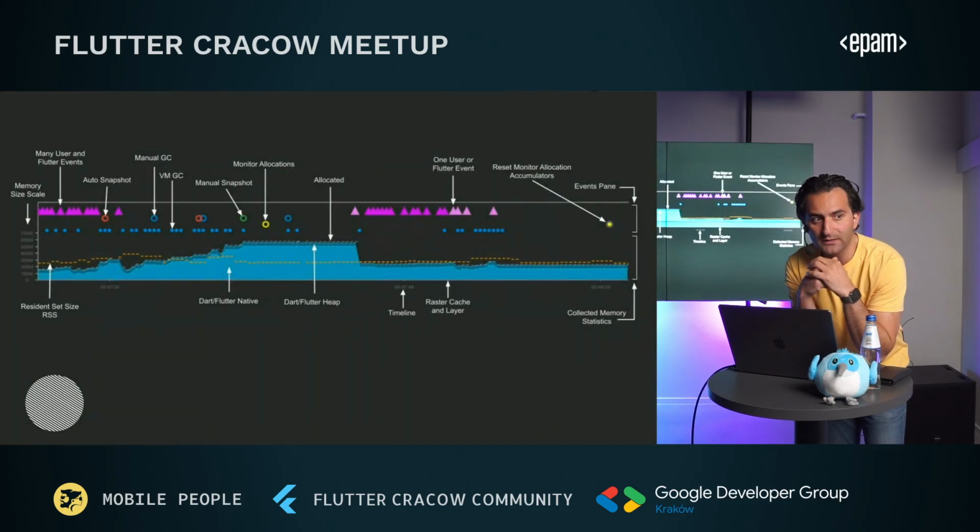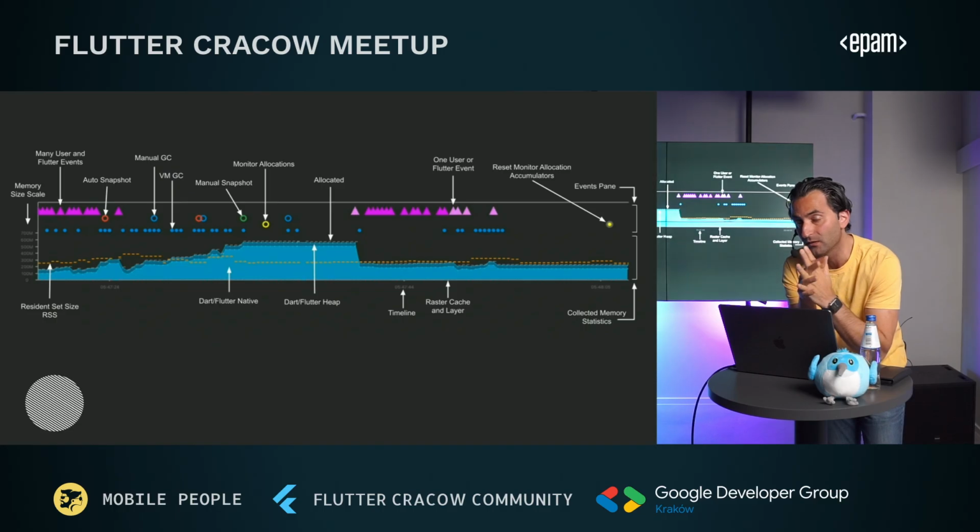One more thing I want to say is please, please, please, Flutter DevTools is quite advanced. It has a lot of features, especially for memory and profiling. If you have not taken a deep dive into the memory view or panel of Flutter DevTools, take your time and go through it one more time and figure out all the details there.